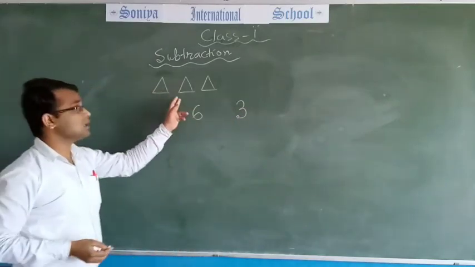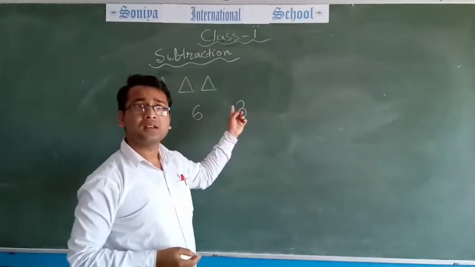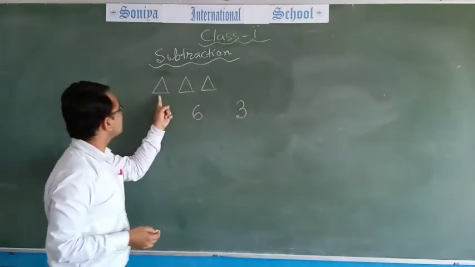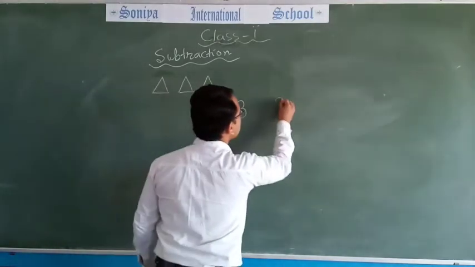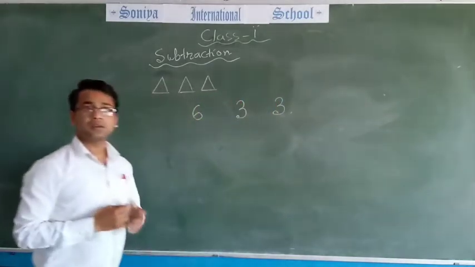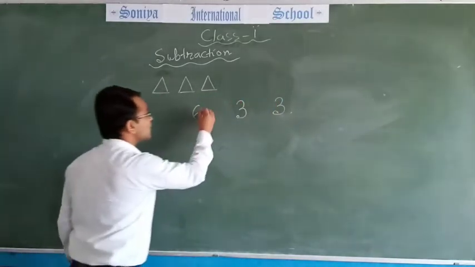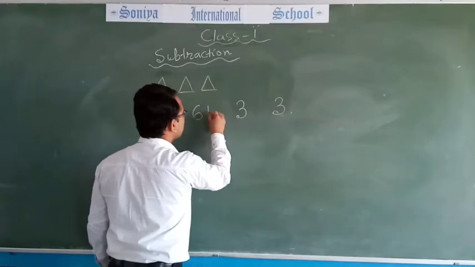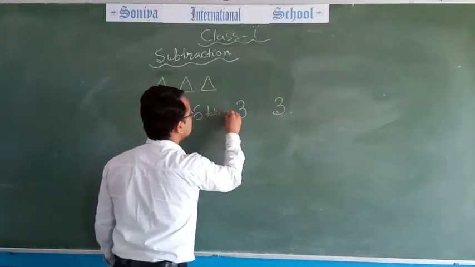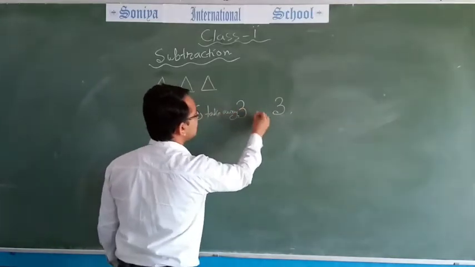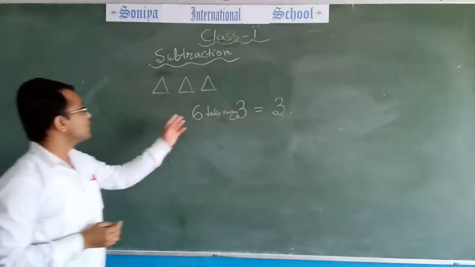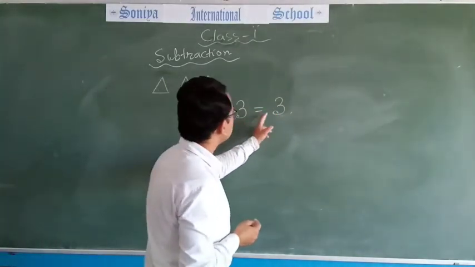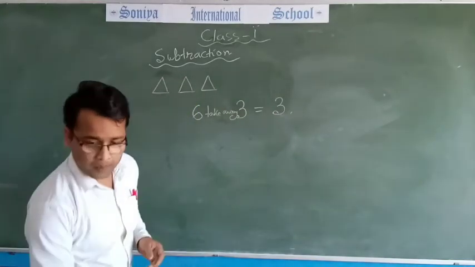How many triangles are left there? Count it. 1, 2 and 3. That means 6 take away 3 is equal to 3.